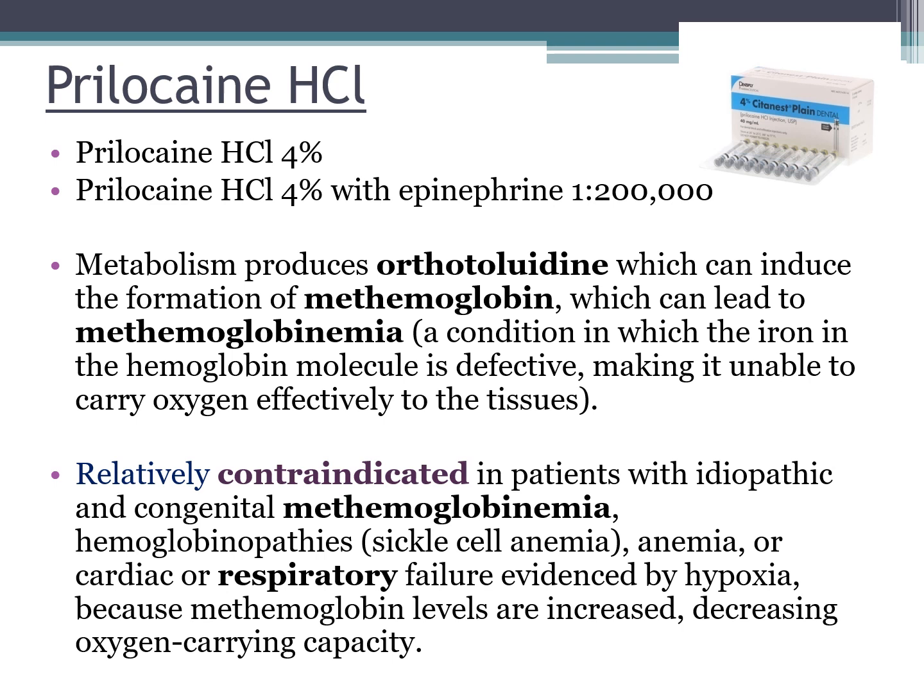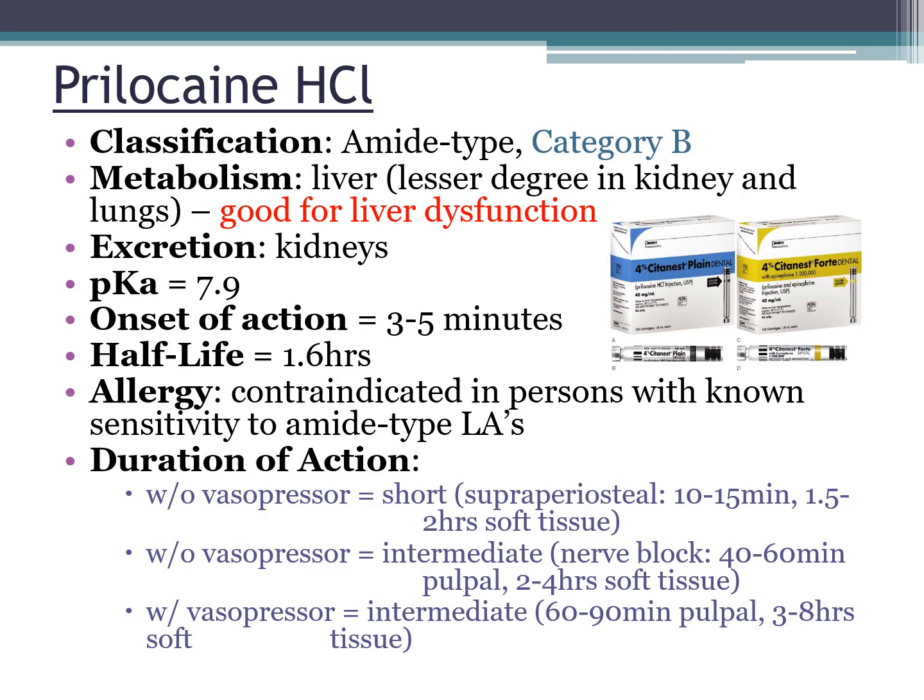So it is obviously contraindicated in patients with idiopathic or congenital methemoglobinemia, people with sickle cell anemia, or people with cardiac or respiratory failure evidenced by hypoxia because the methemoglobin levels are increased, decreasing oxygen carrying capacity.